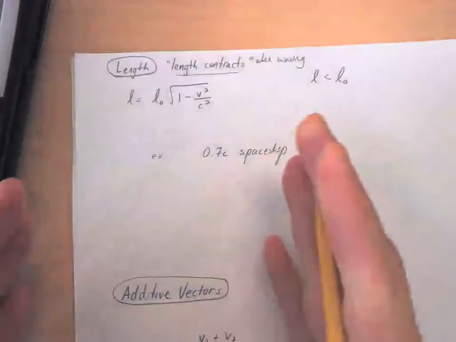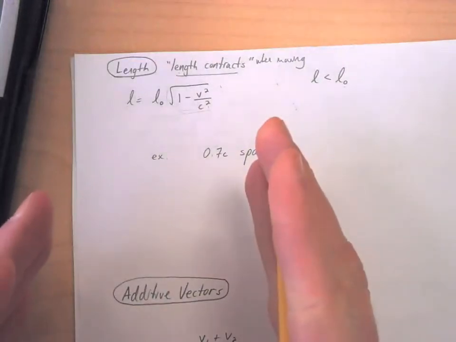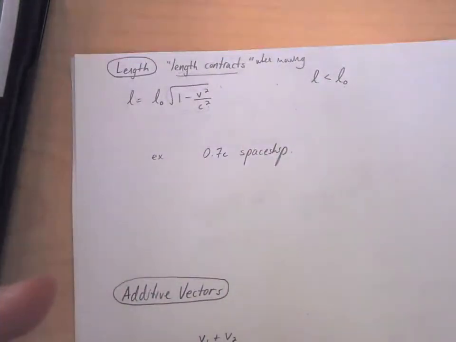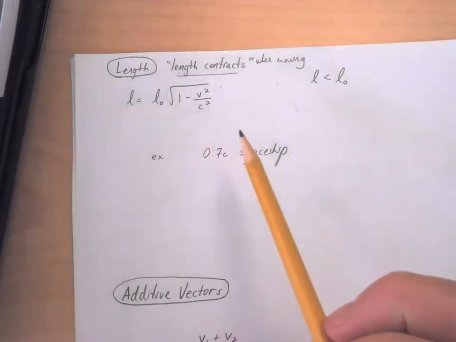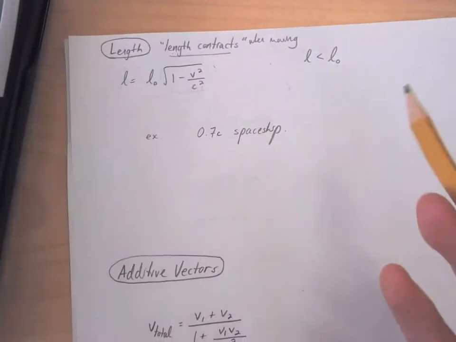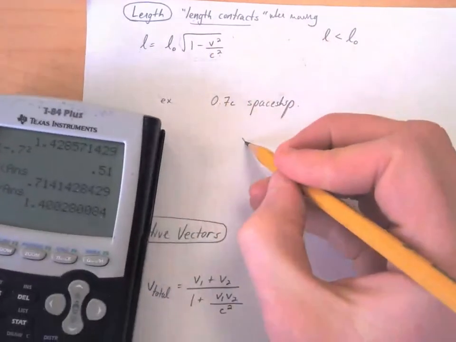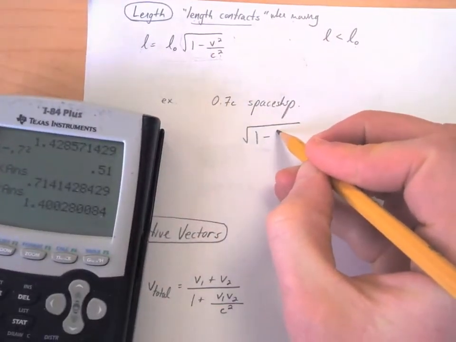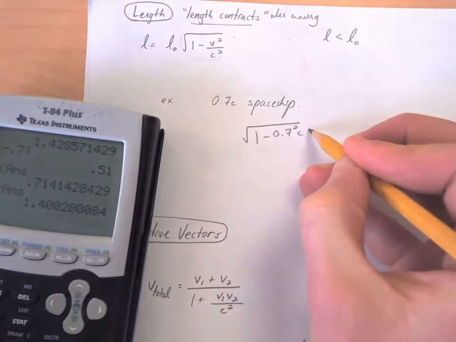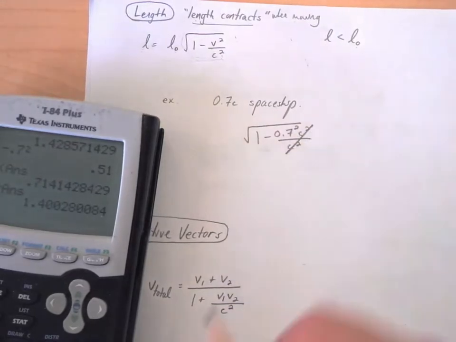So an example is a spaceship's length will contract when it's moving really fast past Earth, in reference to someone on Earth. An example here is a 0.7c spaceship. Let's do the math again. The root part is 1 minus v squared, which is 0.7c squared over c squared, and those cancel out.